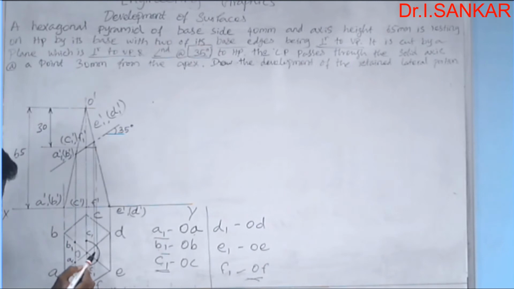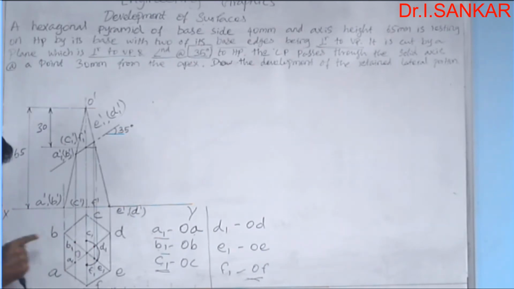And I am getting points here and there. This point is nothing but D1 and that point is nothing but E1. Now I have obtained the cut points A1, B1, C1, F1, D1 and E1.